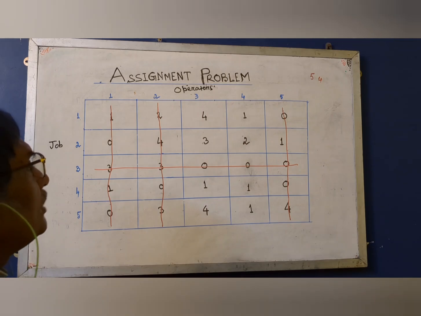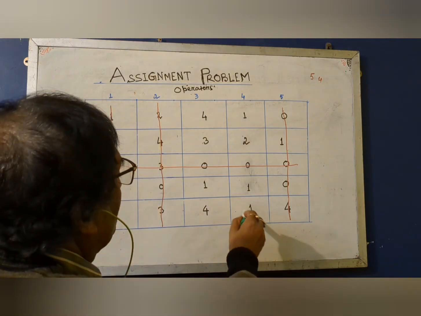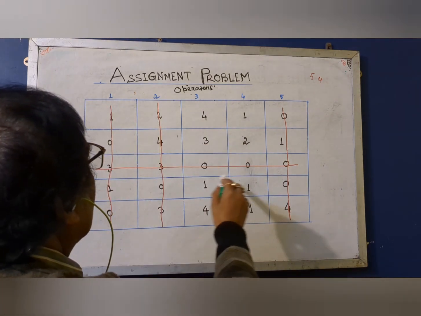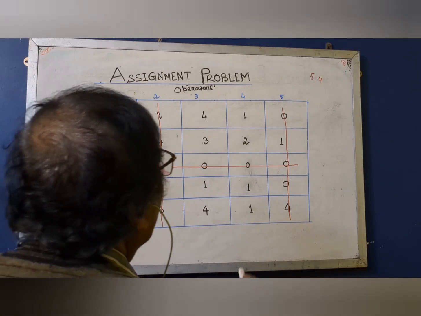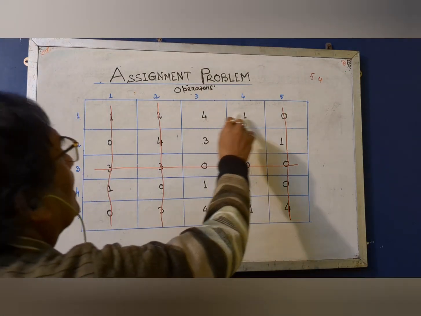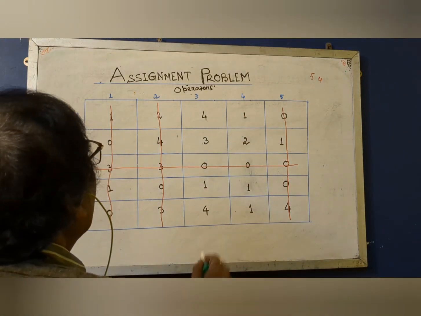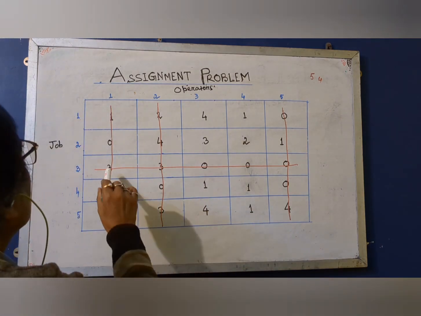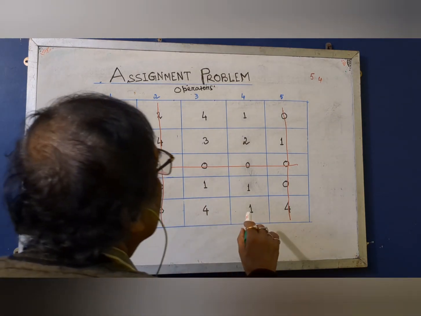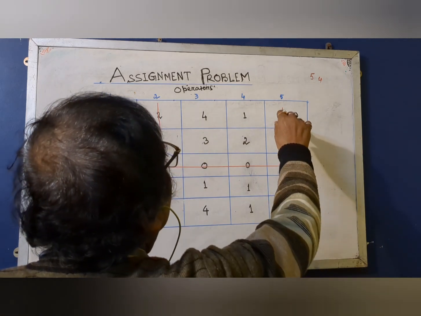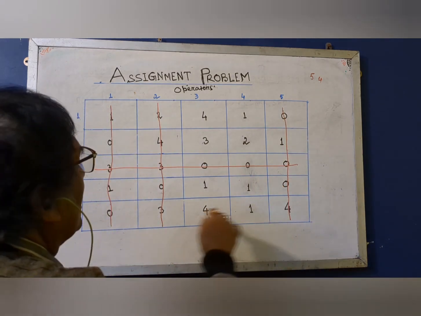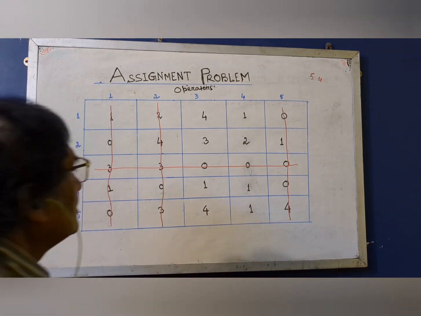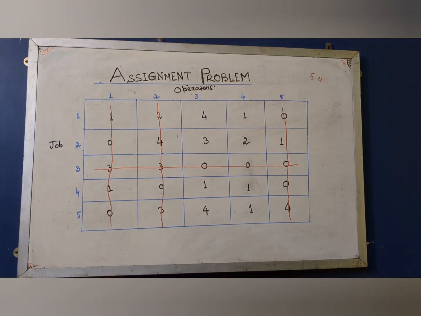And what you will do, you will subtract that lowest element from all the remaining elements, and you will add that element to the junction point. But you need not do anything to the other elements where the line has passed. So this is your next process.